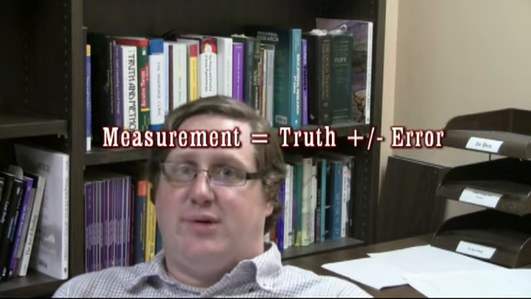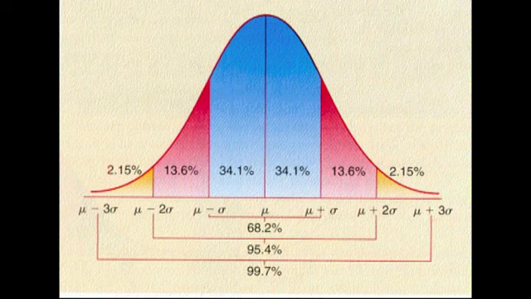Measurement equals truth plus or minus error. So if we were to give another test in geography, the people whose true ability is in that third standard deviation below the mean are going to stay where they are, but we'd expect to see an increase in that group. It would be very unlikely for that group to decrease. There's not really that much room for them to decrease. There's far more room for improvement.